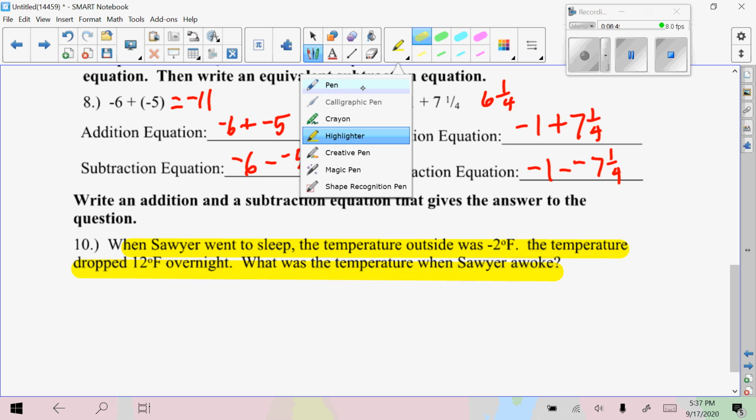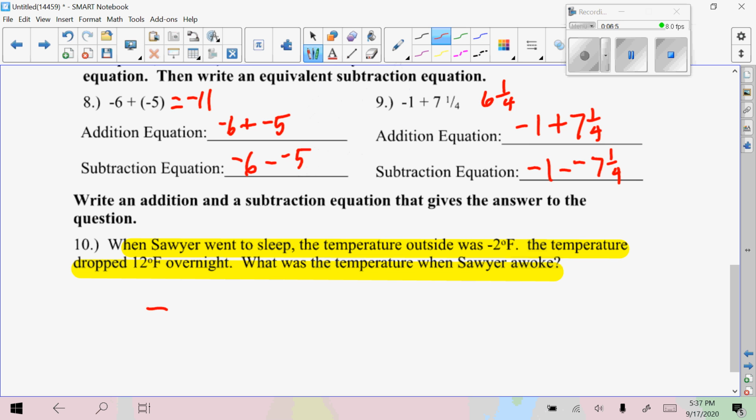And so I'm thinking it's 2 below, and it's dropping 12. So 12 less than -2. And then the addition problem for that would be, as we've seen, the same as subtracting 12 would be adding a -12. That would make it go in the same direction.